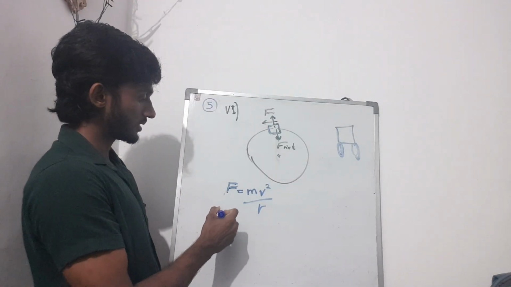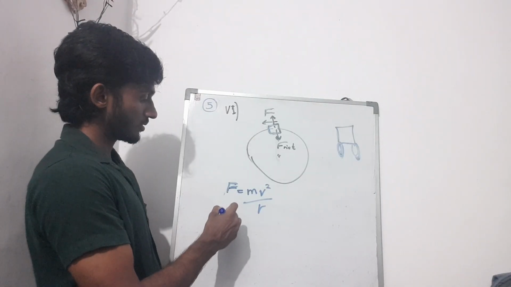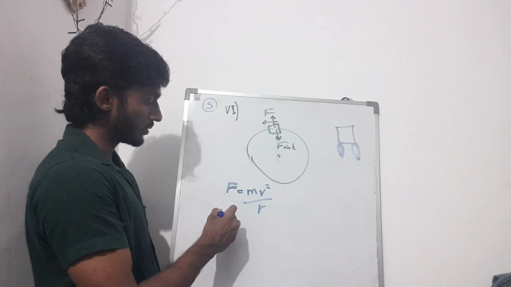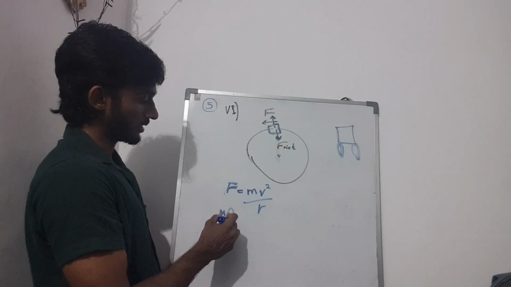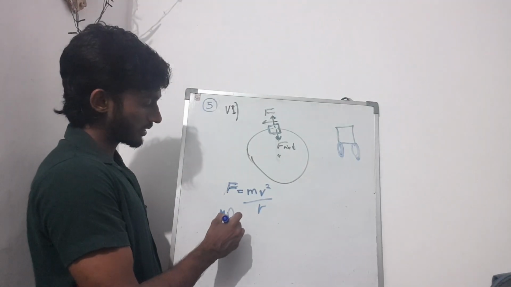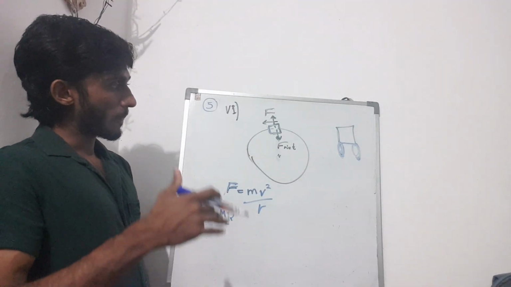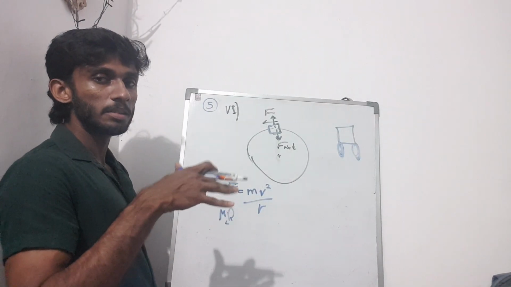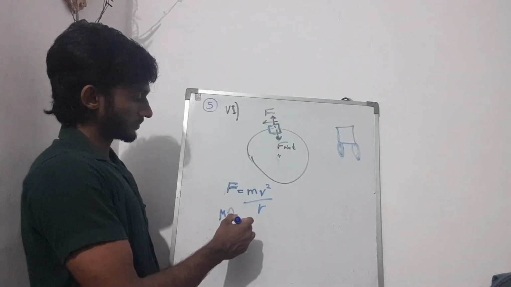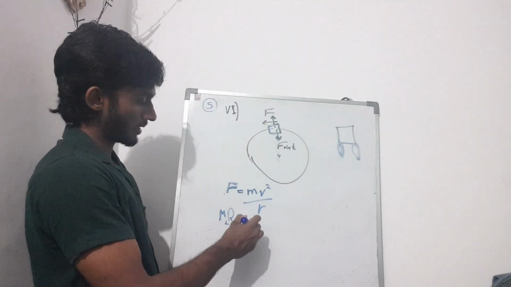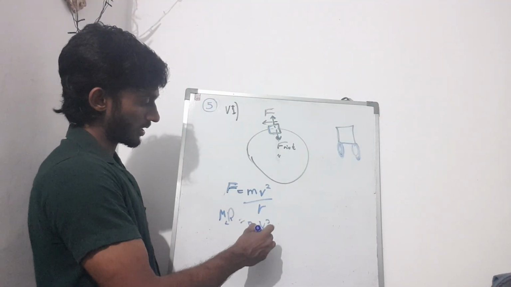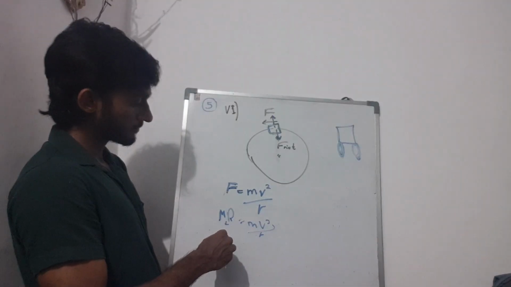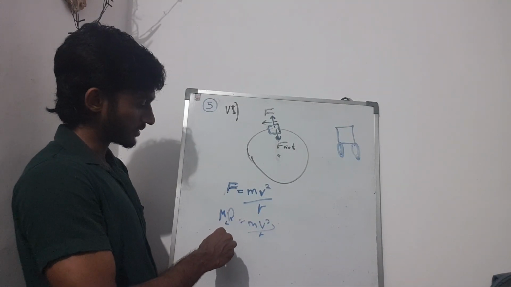Friction force is mu R. Mu is the limiting friction. Why limiting friction? Because the car is not slipping. Car not slipping means this limiting friction. m v squared over r. m means the mass.